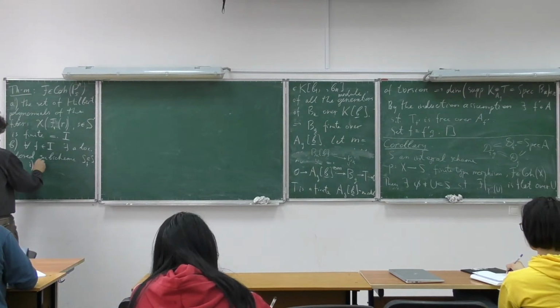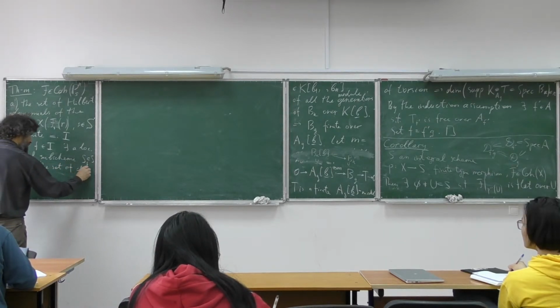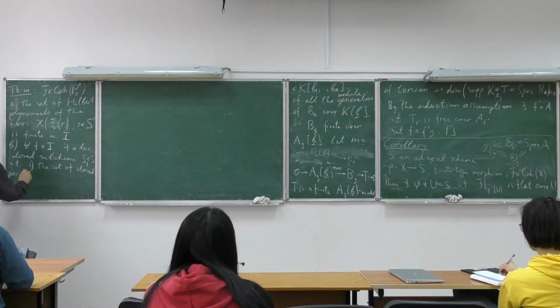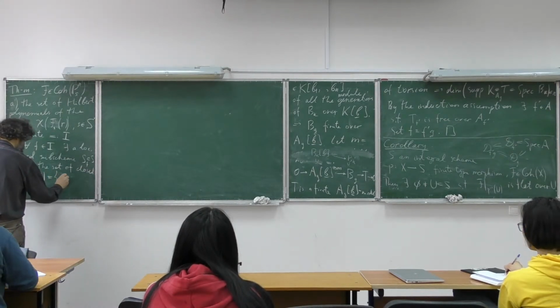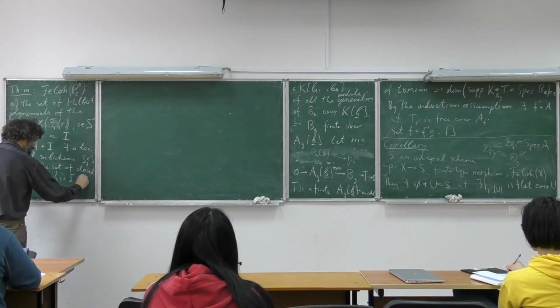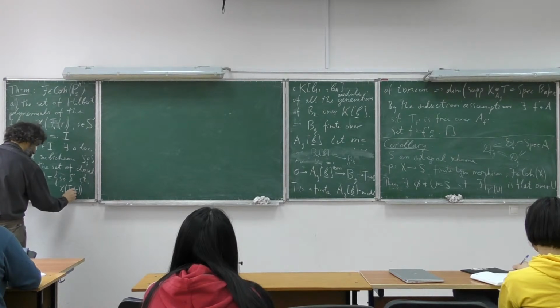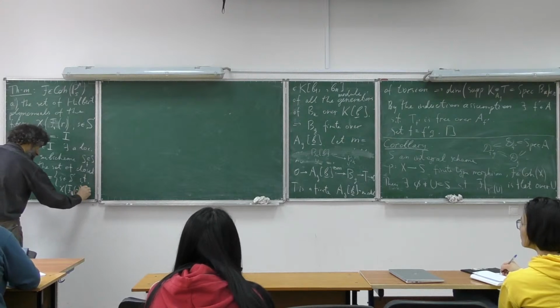So first of all, the set of closed points of S_f is exactly the set of closed points such that the Hilbert polynomial of the corresponding fiber is exactly f.